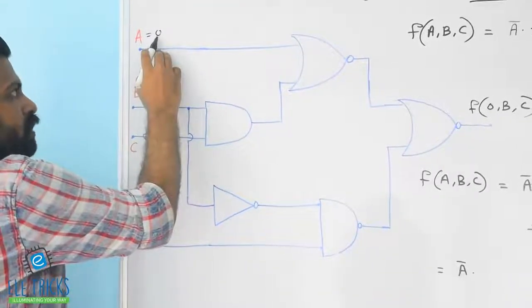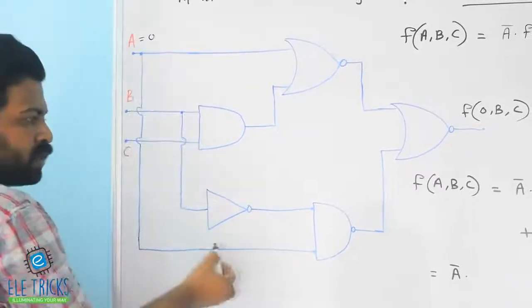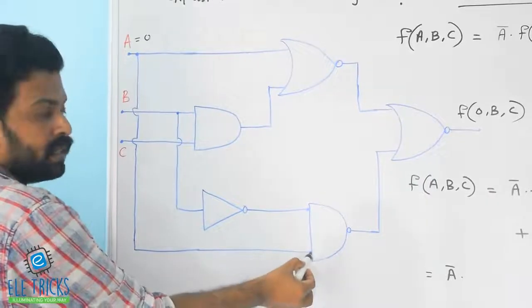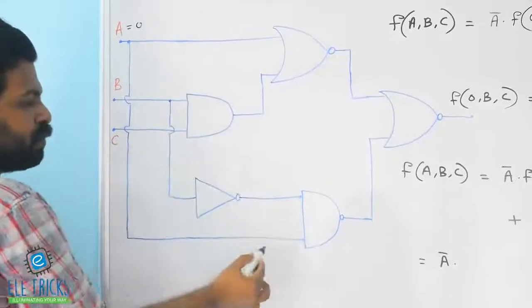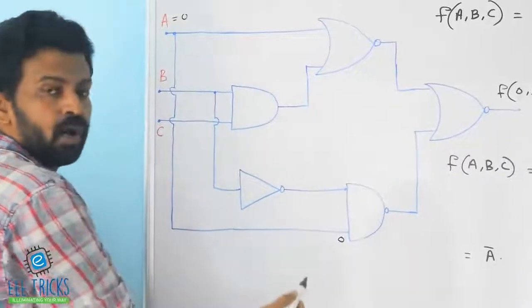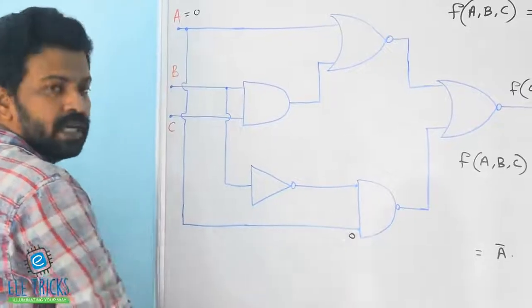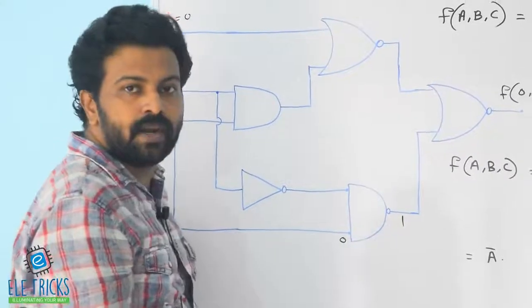When a is equal to 0, the first thing to notice is that since a is directly connected to this NAND gate, one of the inputs of the NAND gate is 0, so it doesn't matter what the other input is. If one of the inputs is 0, immediately the output of the NAND gate is 1.